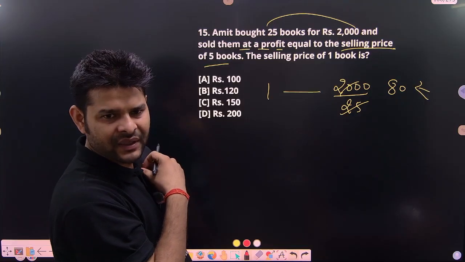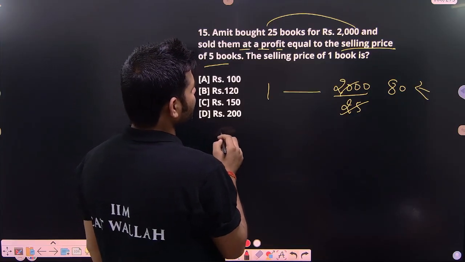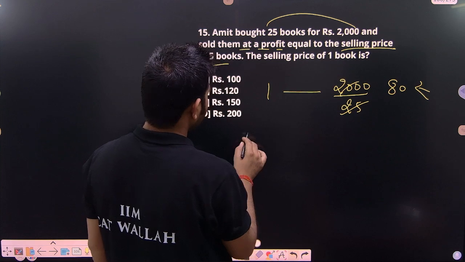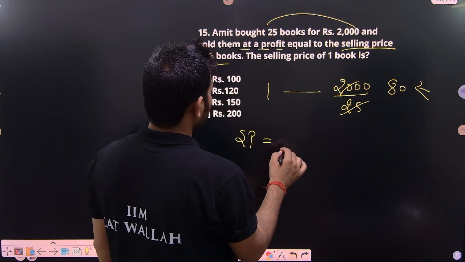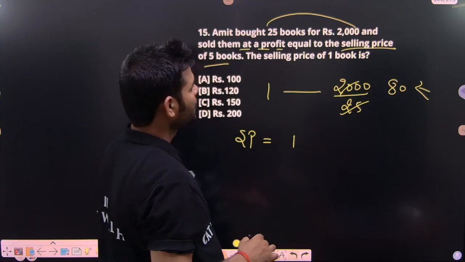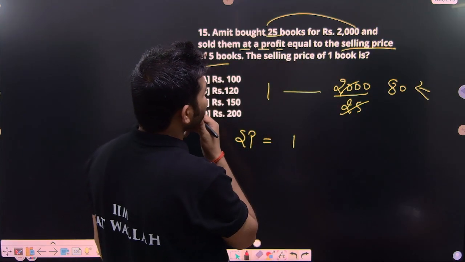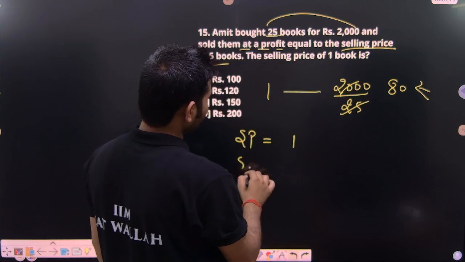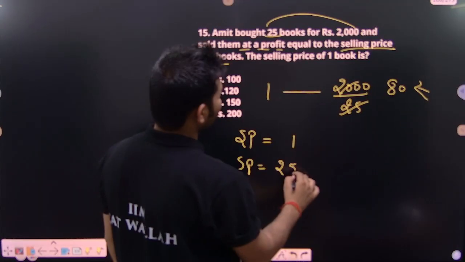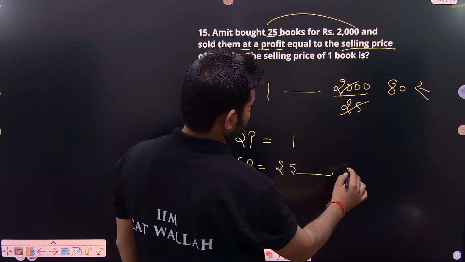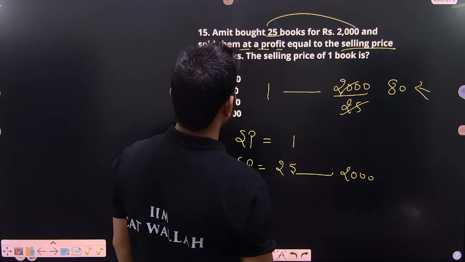SP we can consider 1. So basically if SP is 1 per article, then for 25 articles SP would be 25, and this 25 represents 2000.